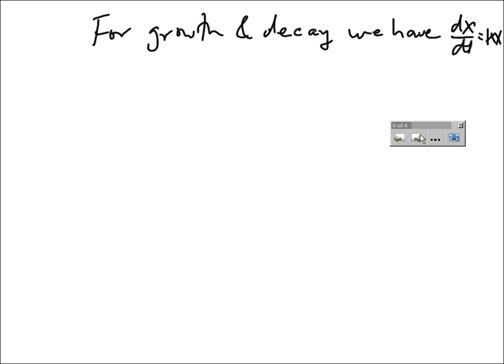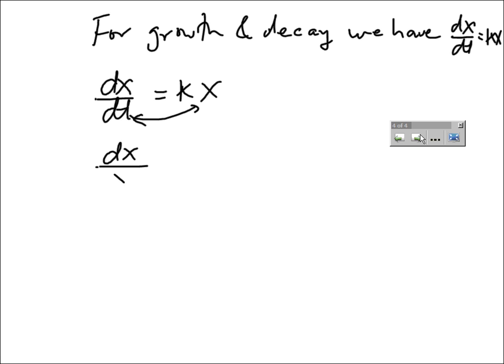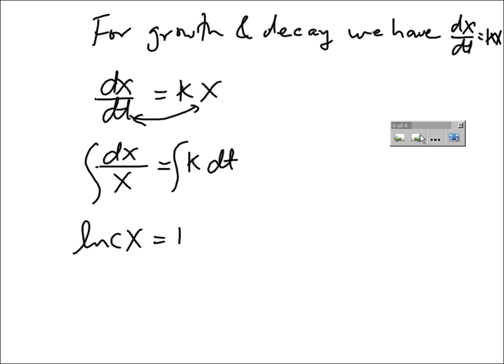That's the formula. dx dt is kx. I'll interchange those two. dx over x is k times dt. Then I integrate. The integral of the left side is ln of x plus ln of c, the constant. That is ln of cx. The right side is k times t.